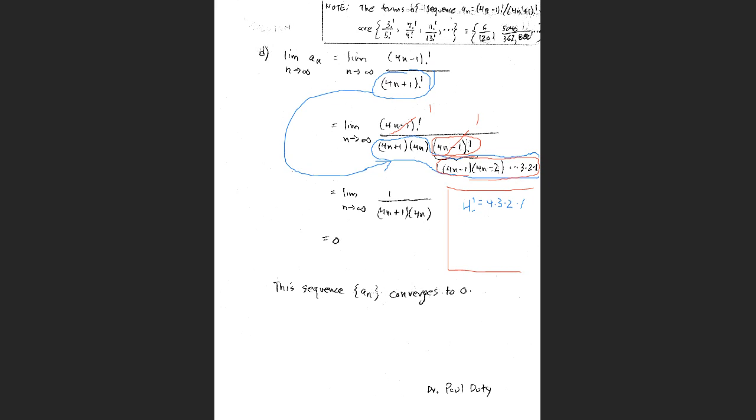But 3 times 2 times 1 is 3 factorial. So 4 factorial is the same as 4 times 3 factorial. Absolutely. And we did the same kind of thinking here so that we could get a simplified answer. Very good.